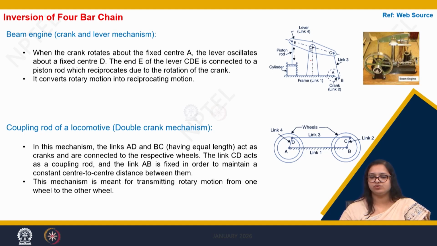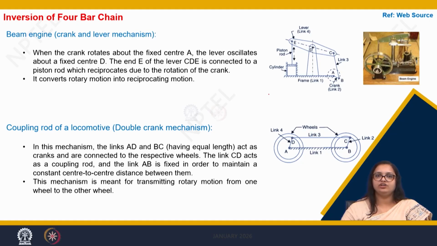In this slide, I have shown 2 examples of the inversion of a 4-bar chain mechanism, where we have 4 links, link 1, 2, 3 and 4, which is not a steam engine, but a beam engine, where you can see the crank is rotating and transmitting the power to link 3, which is joined to a lever, and on the other end the lever is connected to a piston which moves inside the cylinder to do some useful work.